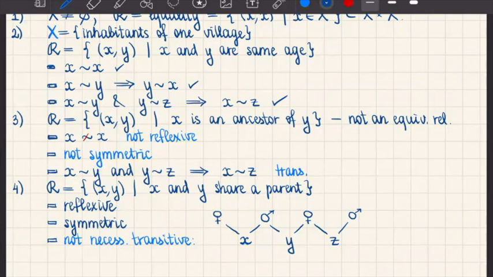And we see that x and z do not share any parent. So this is a situation exactly opposite to the third example. And it is still not an equivalence relation. However, in a small enough village, if this situation doesn't happen, then it can happen that this R defines an equivalence relation.